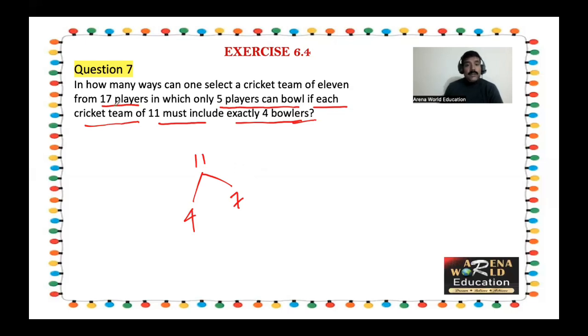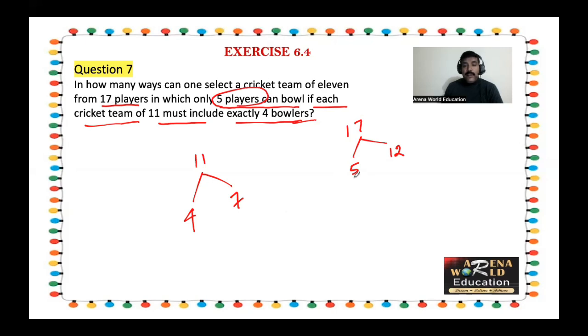So now look at, we are having total 17 players, right? In which 5 players can bowl, right? So mainly these 4 bowlers, so they will be selected from these 5, right? So here 17 is again divided into 2 categories, 5 players which can bowl and 12 for other positions.